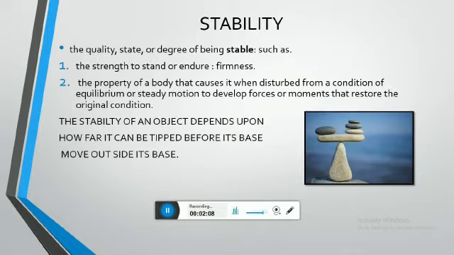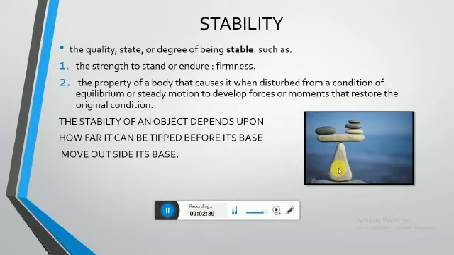For example, we place a book on a horizontal surface or a table, and we tilt that book upward. By applying some force it moves upward, but after releasing, it will return to its initial position. It means that object is stable.